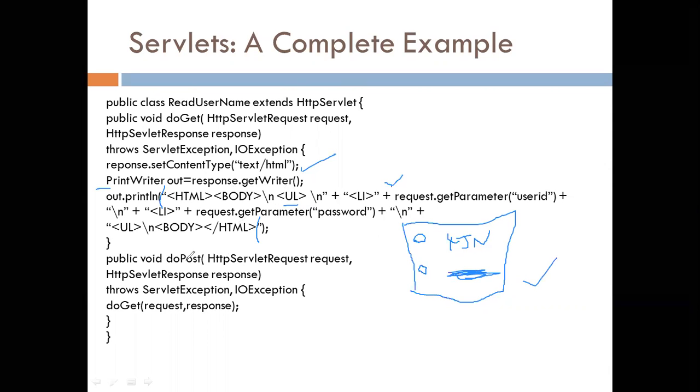Then we can override a post method like this. This is just an example. doPost. If a post method is sent in this particular example, again the data parameters and the exceptions that are thrown are the same for doPost and doGet. So what is being done here inside a post method is that again we are calling the get method itself.